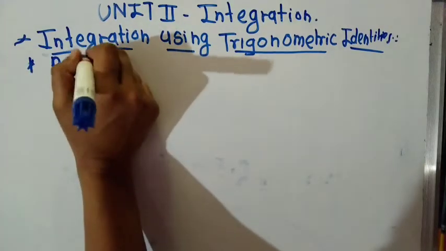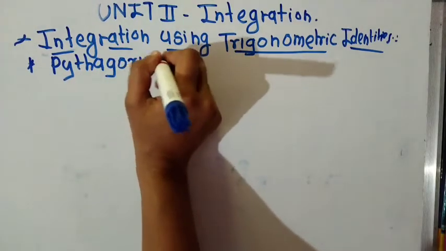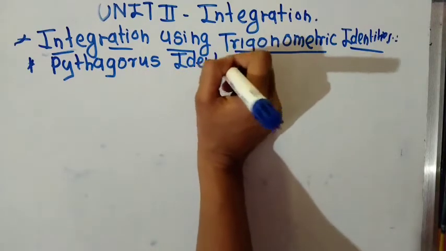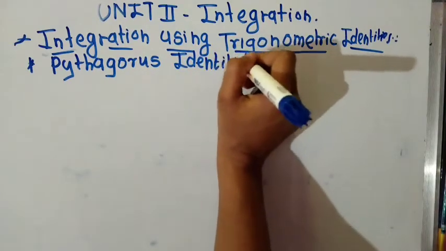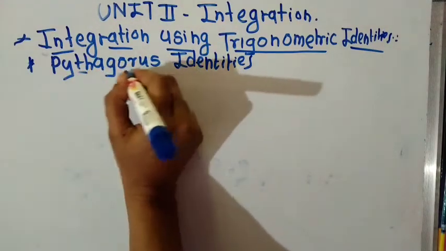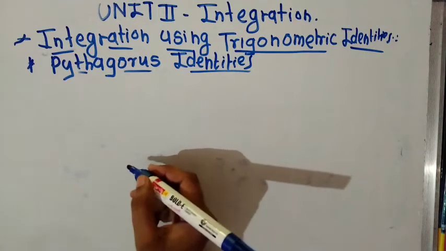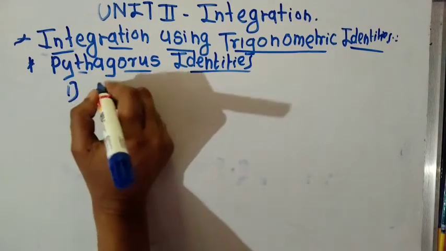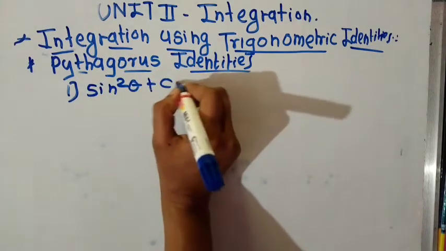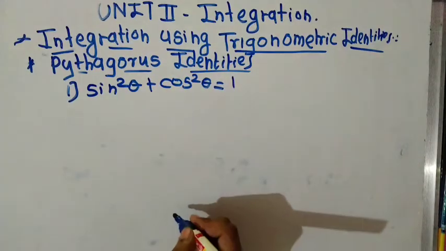First is Pythagoras identities. So first is sin square theta plus cos square theta is equal to 1.